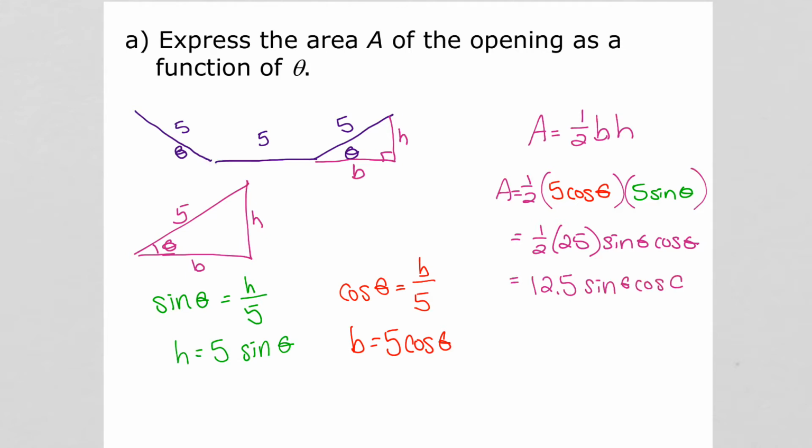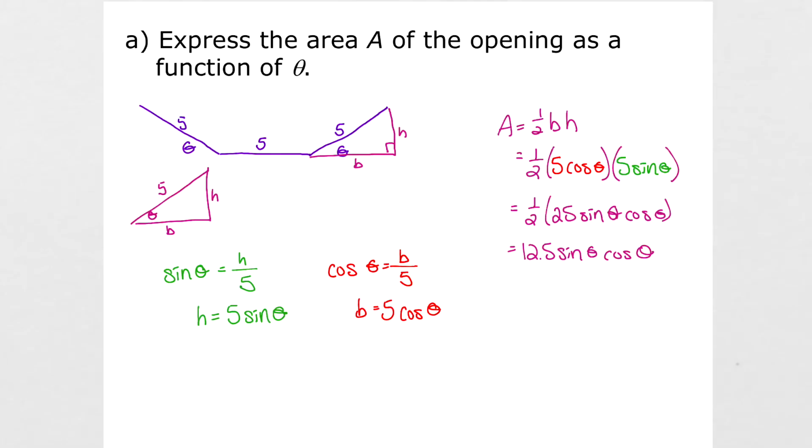So far, we've found the area of just this triangle under here. Now that is the same as the area of this triangle and this triangle. So that gives us this area and this area.